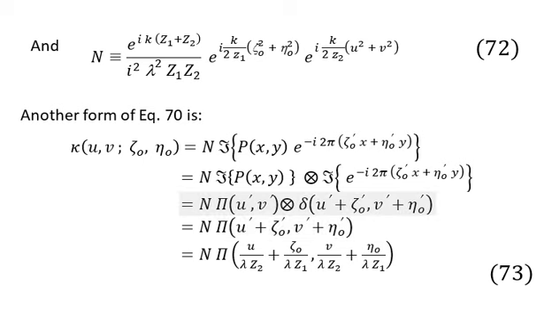And then you know that we have convolved it with the Fourier transform of this exponent form, that is, e to the power minus iota 2 pi (zeta naught prime into x plus eta naught prime y), which is given in terms of the delta function, that is, delta of (u prime plus zeta naught prime comma v prime plus eta naught prime). So this delta function is the Fourier transform of the term in the exponent in the curly brackets shown above. So here we convolve pi of u prime comma v prime with the delta function.